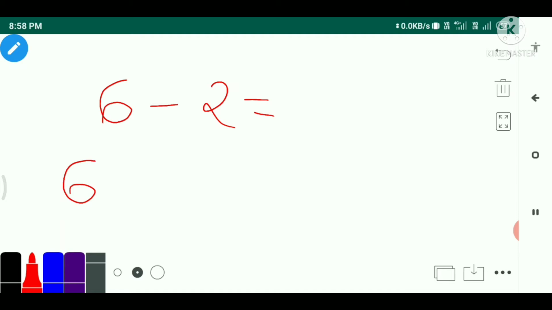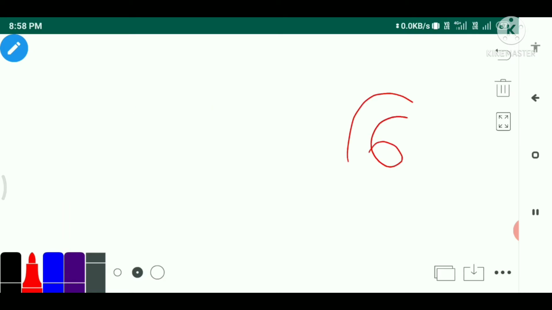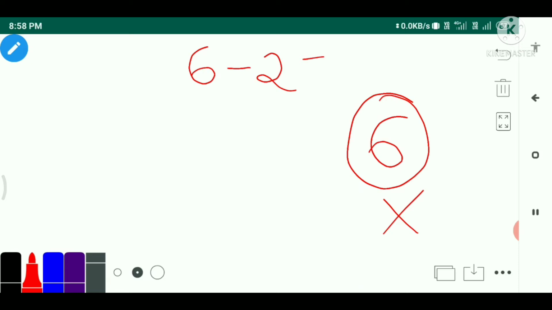So 6 is there, we will not count this 6. We have to subtract 2 from 6, so we'll go in backward direction. Or I can say we have to write the predecessor.